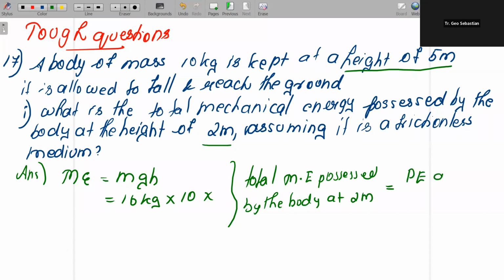So what is the potential energy at the maximum height? Mass 10 kilogram, 10 into 5, so you will get 500. What is the unit?